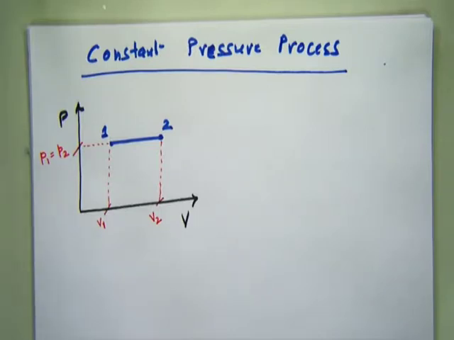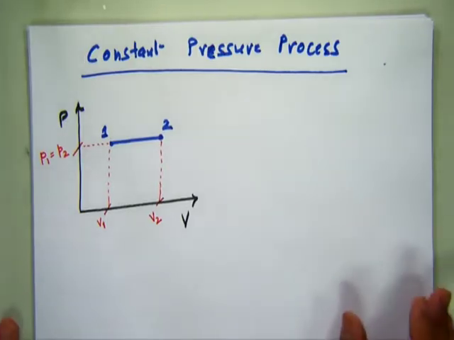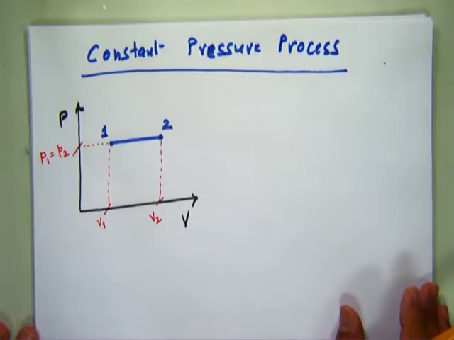Friends, this is the iso pressure process. As I told last time, the word iso is used for the property that remains constant during the process.